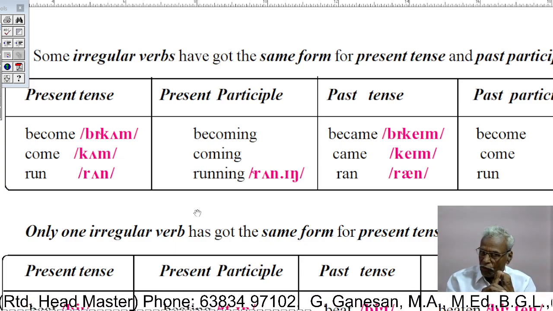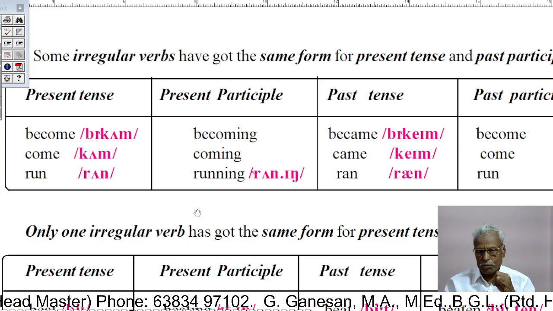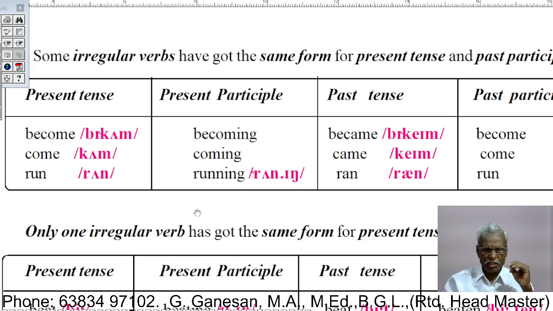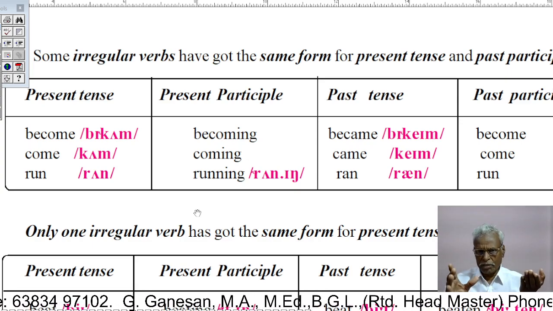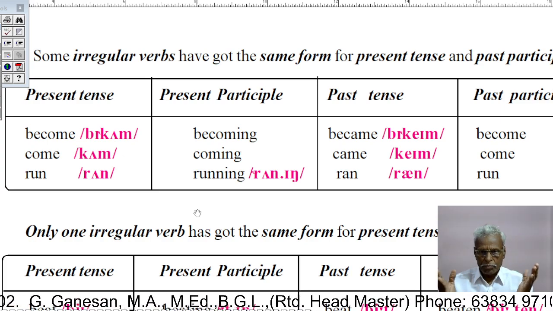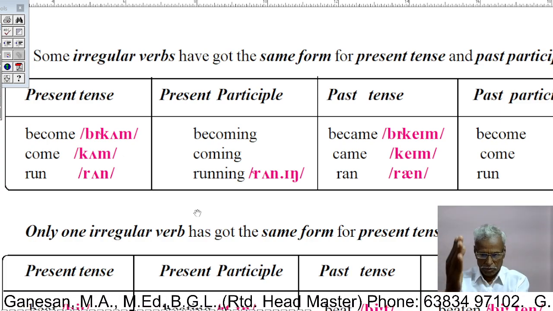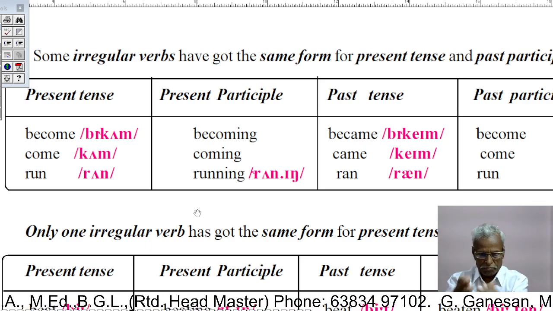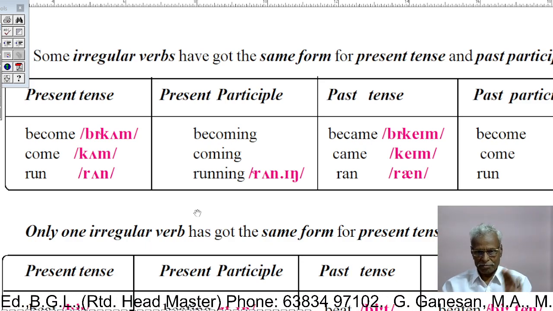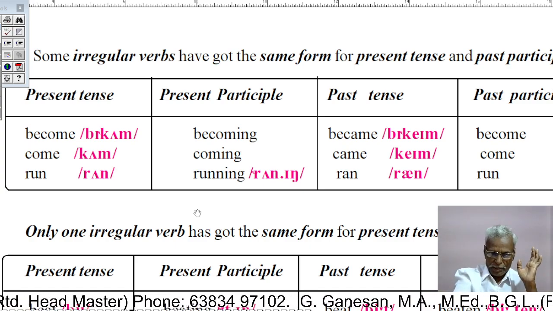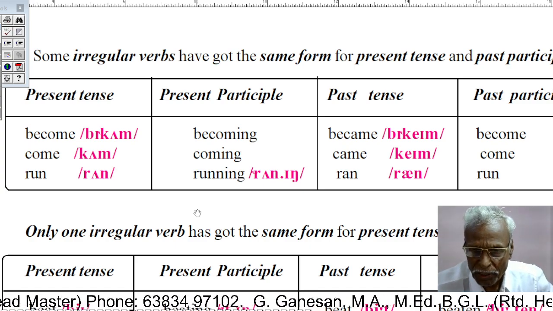I have seen in my knowledge there are three verbs only: become, became, become. Come, came, come. Run, ran, run. In past tense only they are different. Present tense and past participle are the same.